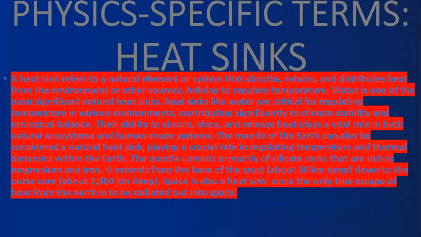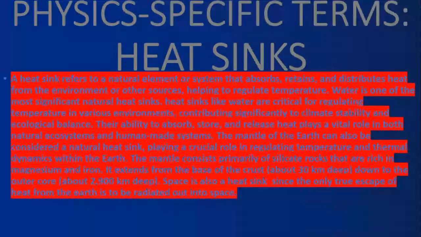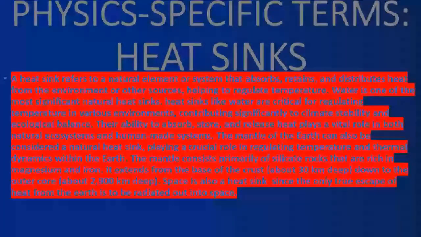But he was using it on the engineering side. In any given case, space is considered more of an infinite heat sink, because the heat can be dumped into space, and it is irreversible. It's not going to fly back into the atmosphere or something.